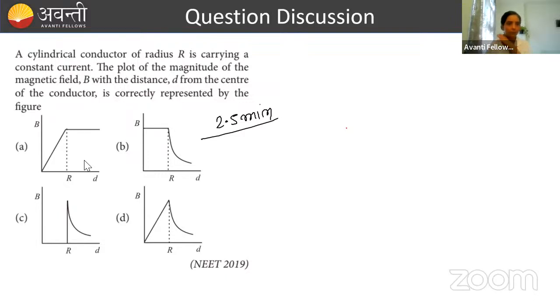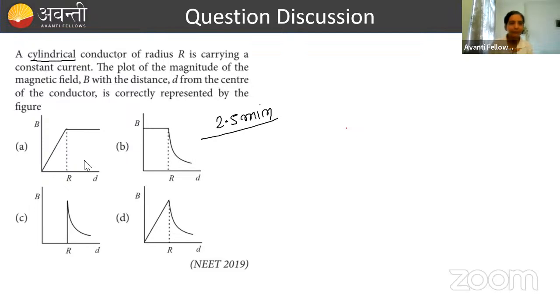Not actually. You need to recheck. Do the calculation properly. Use Ampere's circuital law, the one we discussed just now, and apply it. What is given? A cylindrical conductor. So this cylinder must be a solid cylinder, right?